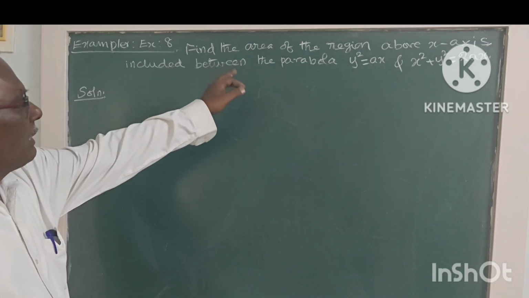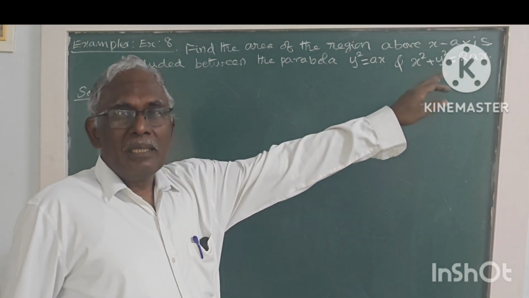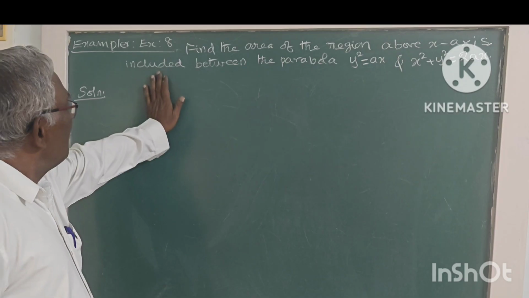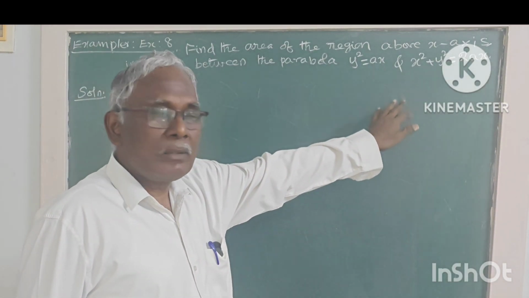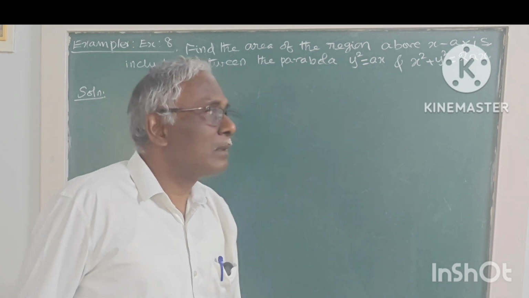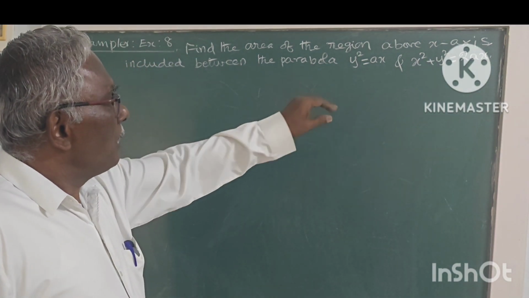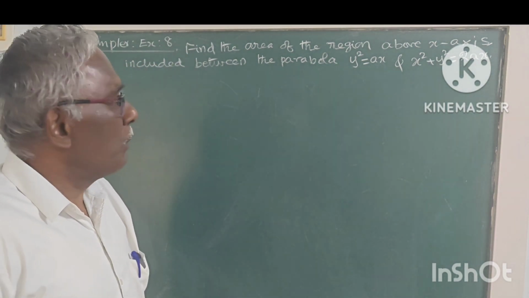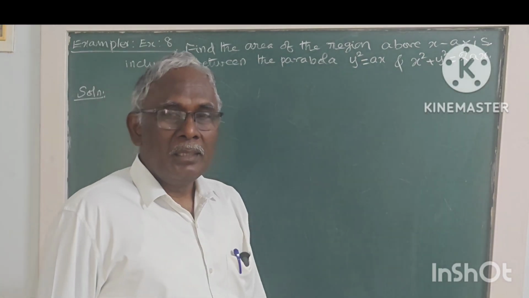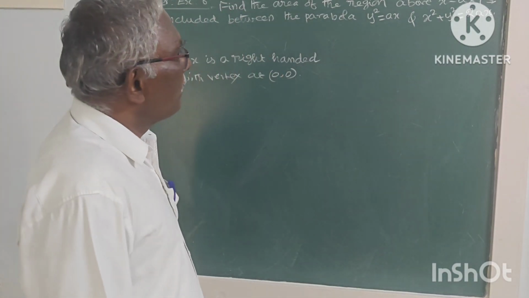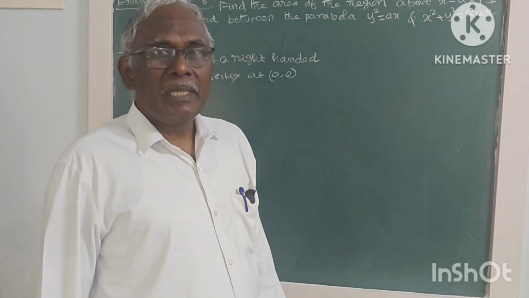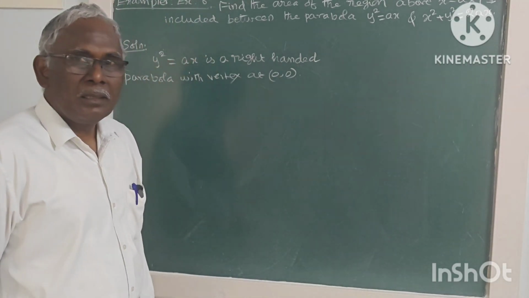We have to find the area of the region above the x-axis included between the parabola y square is equal to ax and the circle x square plus y square is equal to 2ax. Y square is equal to ax is a right-handed parabola with vertex at origin as shown in the figure. X square plus y square is equal to 2ax is a circle.